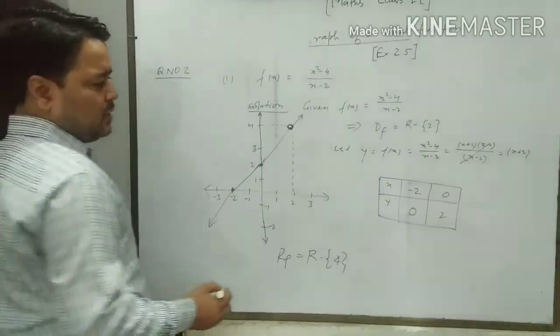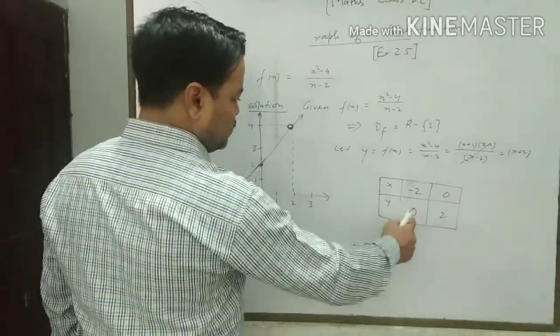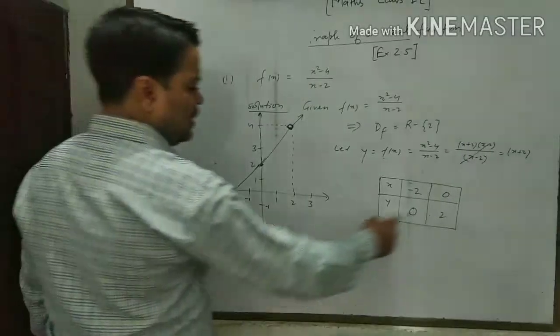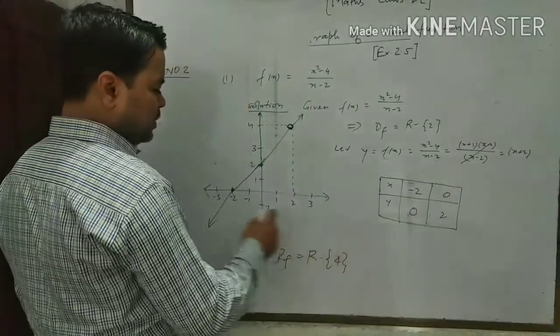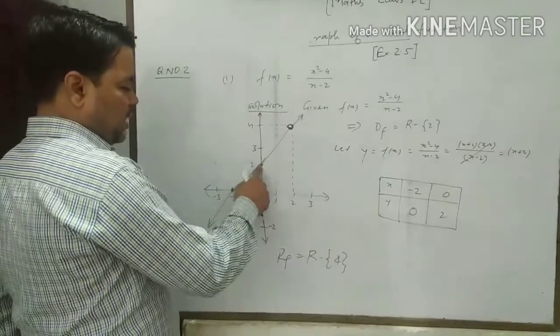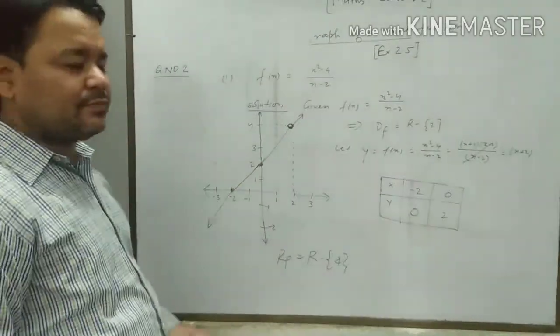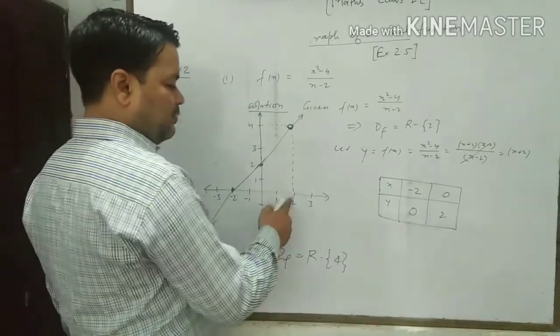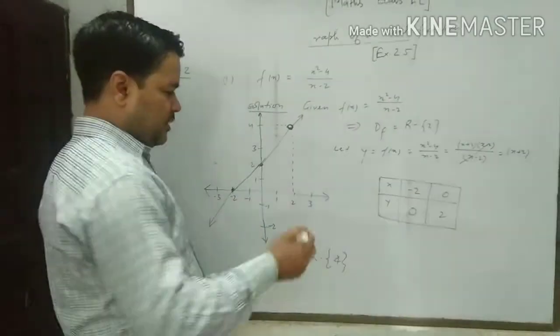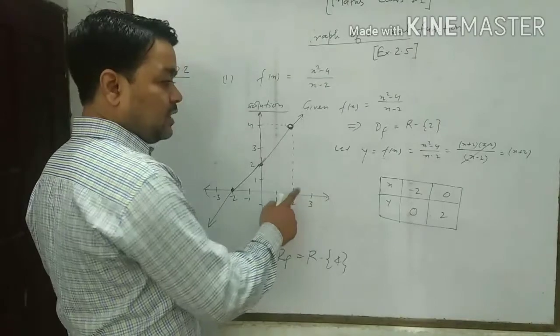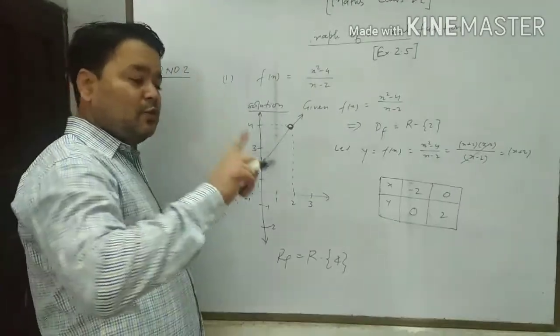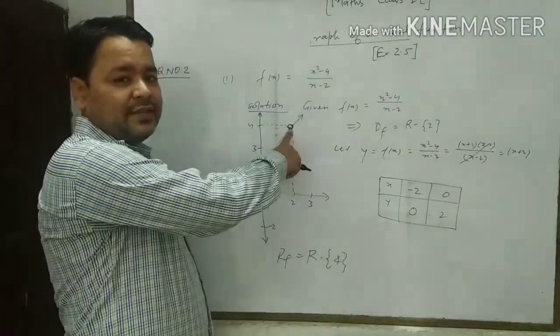Okay. So first of all, we plot (minus 2, 0) here, and (0, 2), meaning x coordinate 0 and y coordinate 2, and try to draw the line. If we are not able to take the value of x equal to 2, then its corresponding value of y we also do not take.